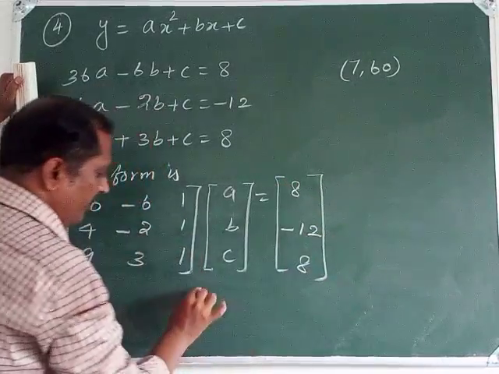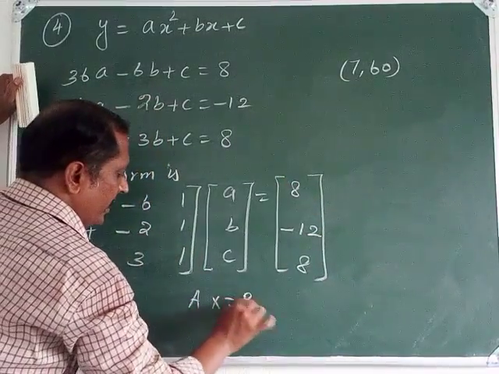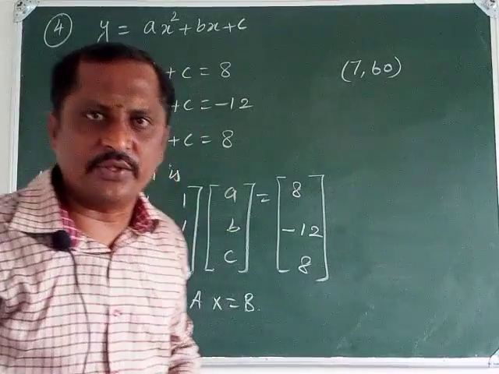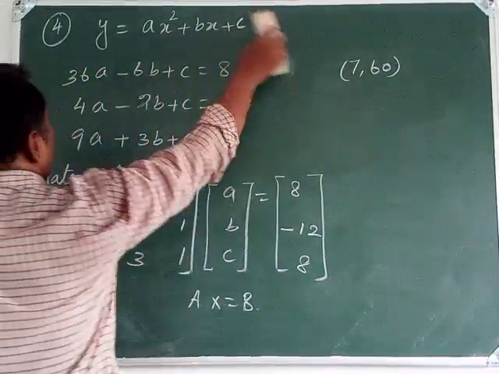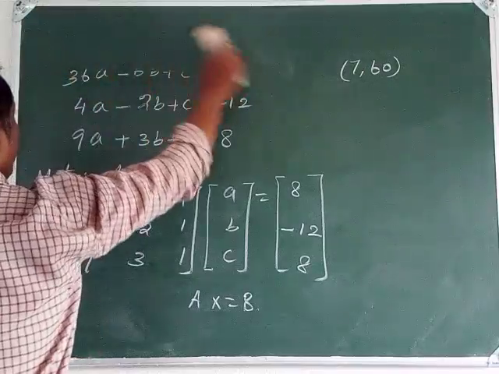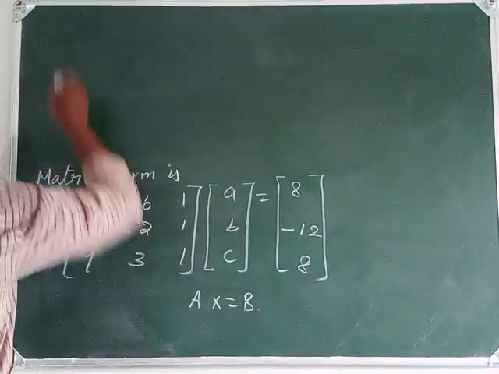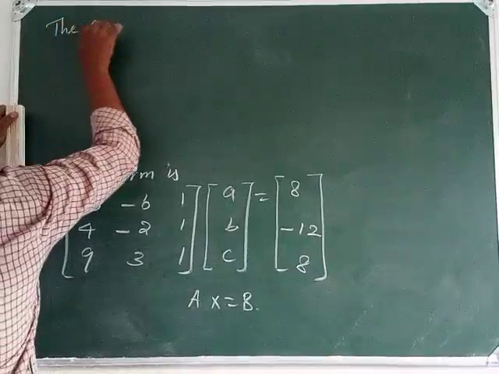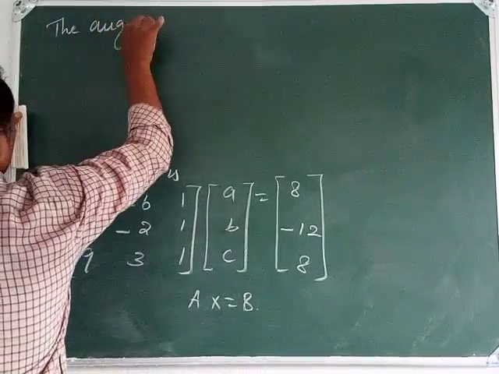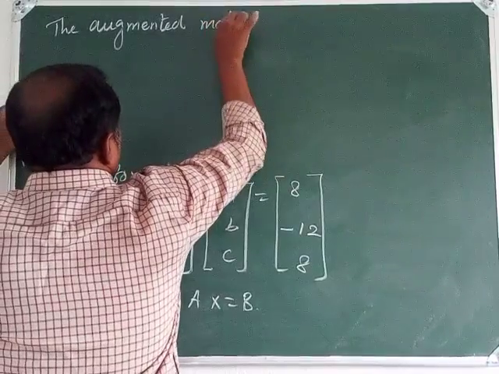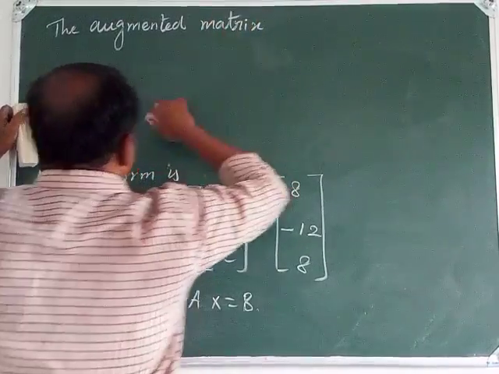This is in the form of AX is equal to B. And next you have to write the augmented matrix.